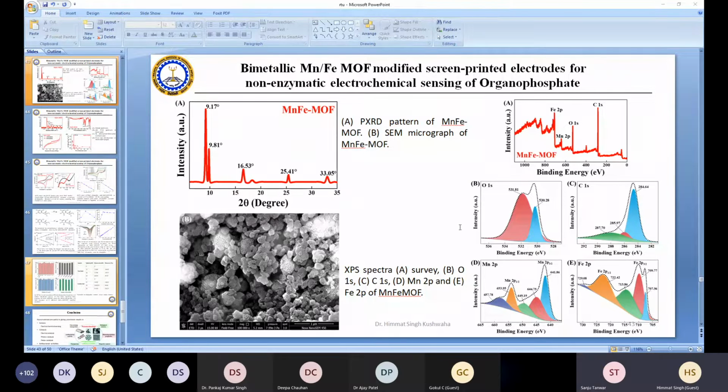Regarding the antibacterial property of these materials, can they differentiate pathogenic bacteria from non-pathogenic bacteria? It's a good question.